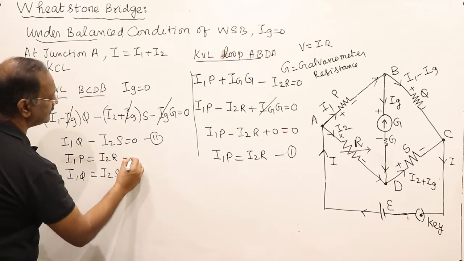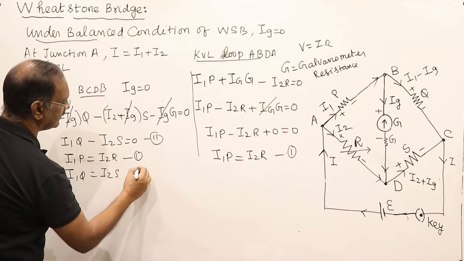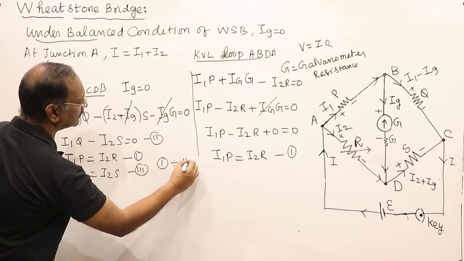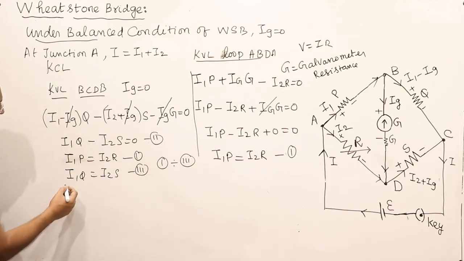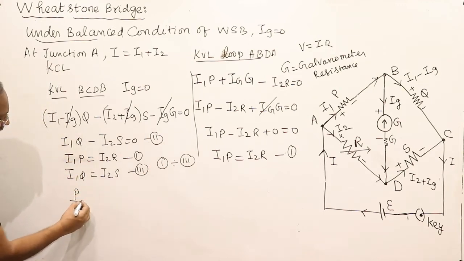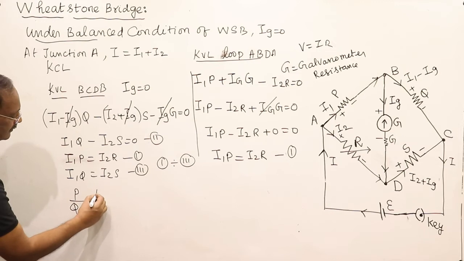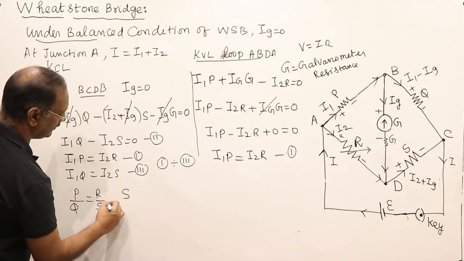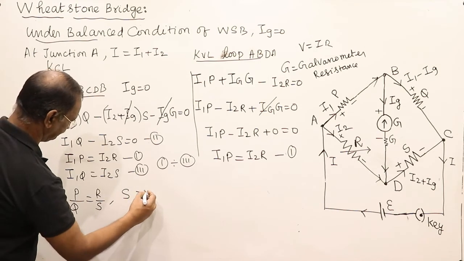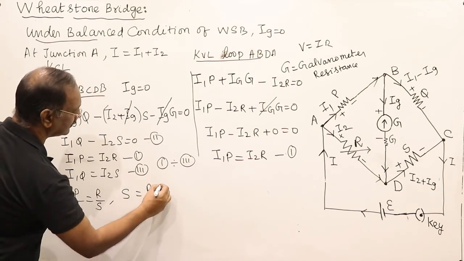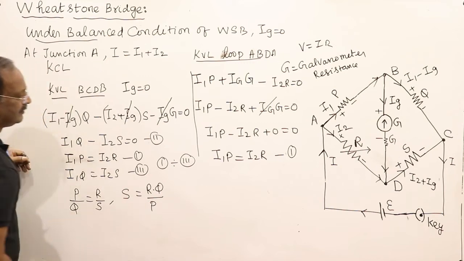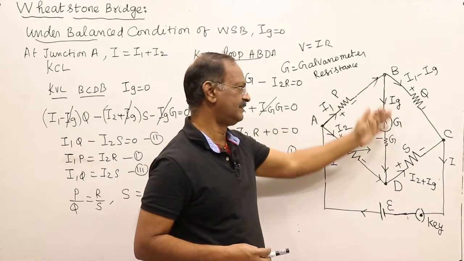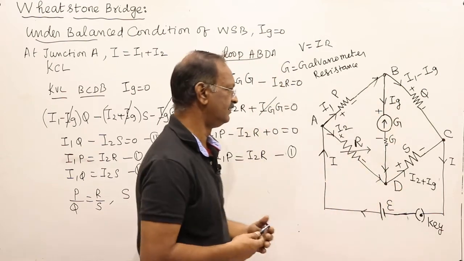So this is the first equation, this is the second equation. Divide first by second, this and this, P by Q is equal to R by S. So R, the unknown resistance, is equal to P into S divided by Q. Therefore, when the bridge is in balanced condition, the current through this branch is equal to 0.